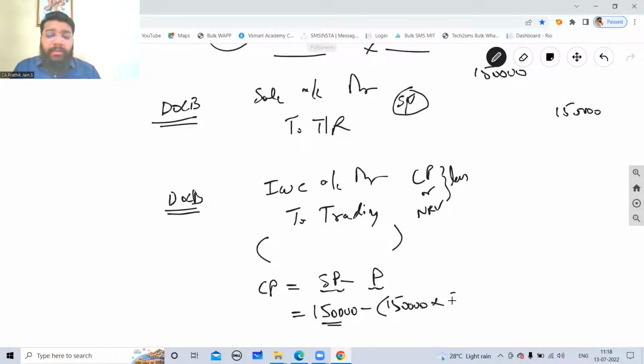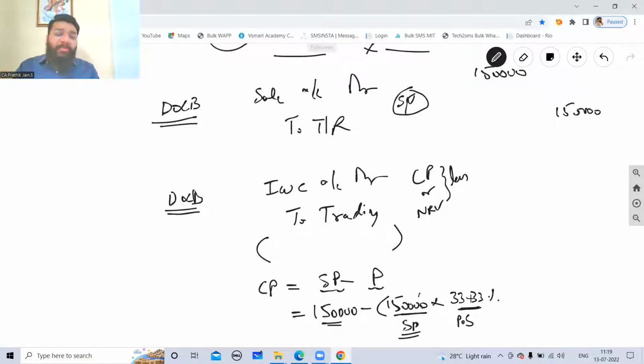If I multiply with 33.33%, or in other words, if you take a calculator, I'll tell you the shortcut. Very simple trick, guys. When you have selling price and profit on sale, you multiply the profit on sale with selling price to get the profit. That is extra effort.